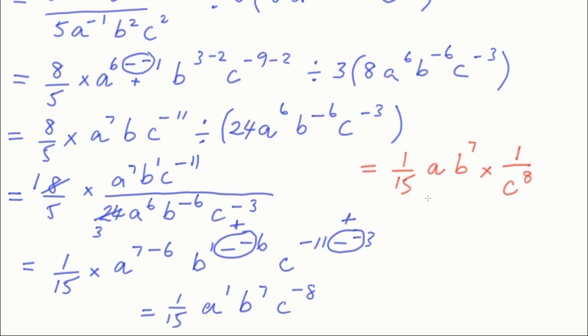I won't go into that at the moment, but so 1 on that same letter to the positive power, and then this is really over 1, just multiplying all the top things together. 1 times 1 is 1. We end up with a b to the 7 over 15 c to the 8, expressing everything with positive indices.